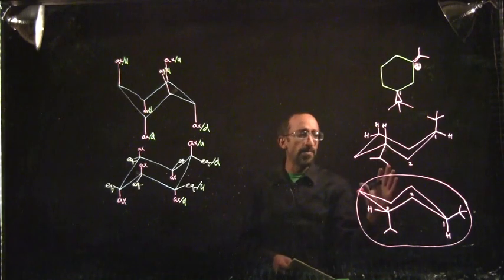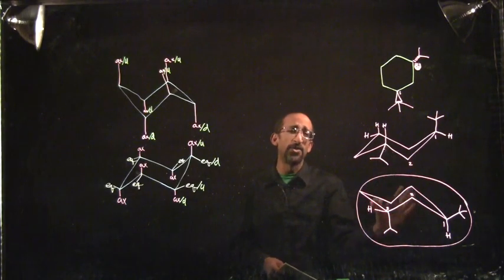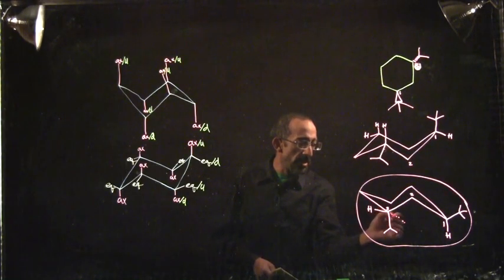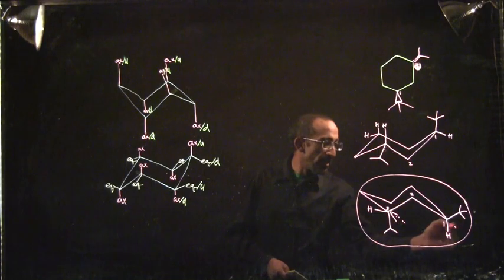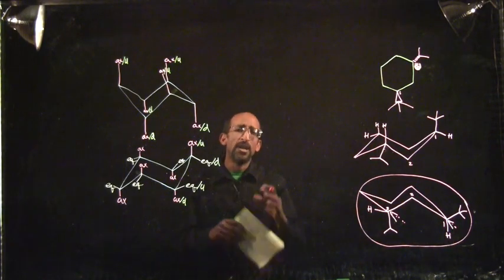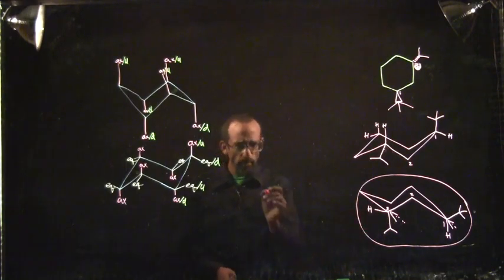So for this specific molecule and this specific conformation that I have circled, we would sight down this bond and this bond simultaneously. Let's take a look at how we would actually go about drawing that.